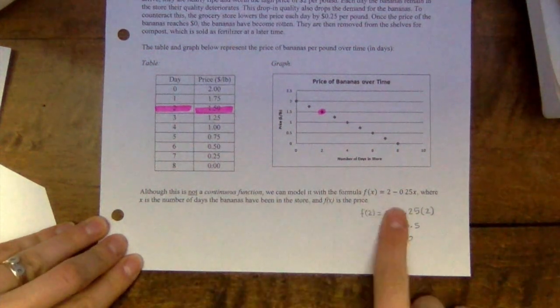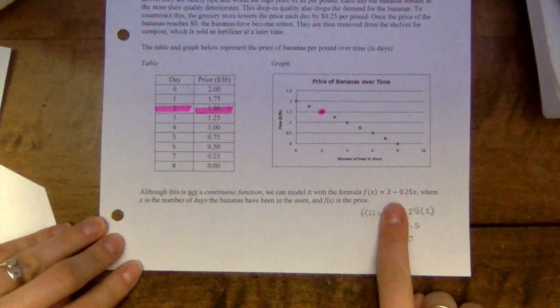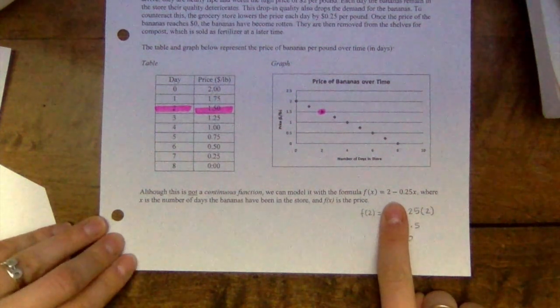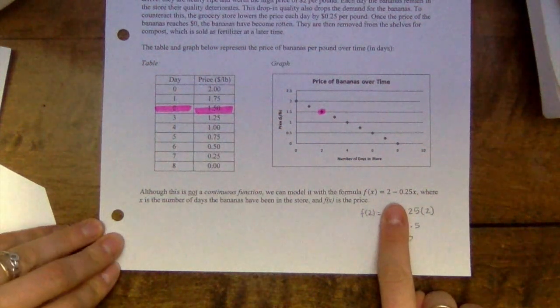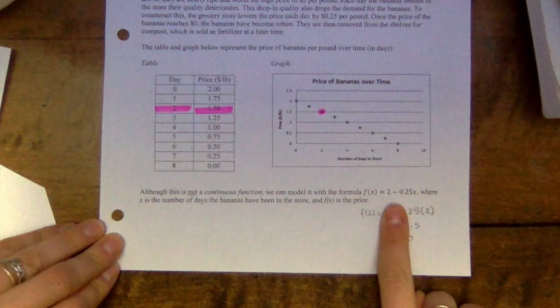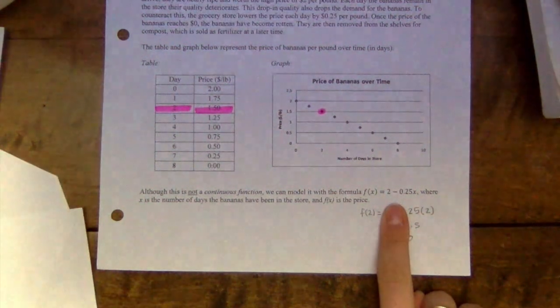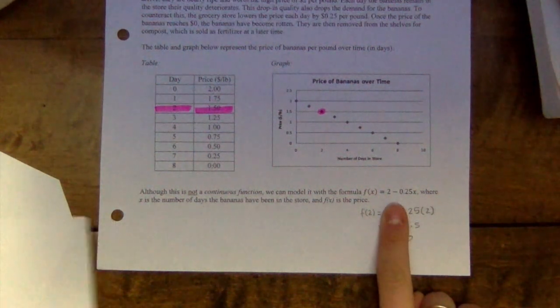And then see if you can find a formula that also represents your situation. If you want to work with a partner, I'm more than happy to have that happen. But get creative and see if you can create your own story. The one that I ended up making was talking about putting money into a piggy bank. But you can do whatever you want.